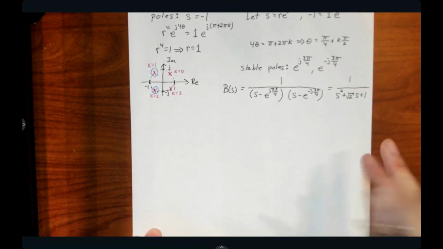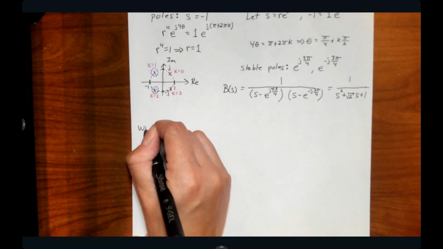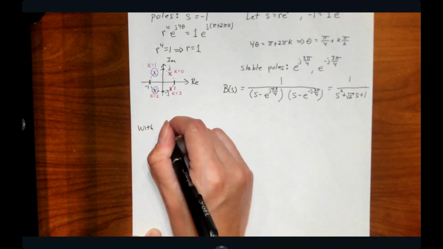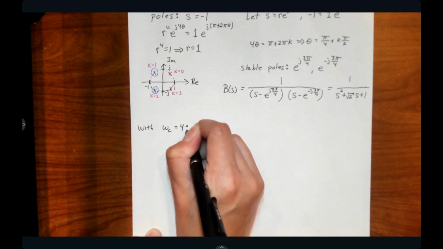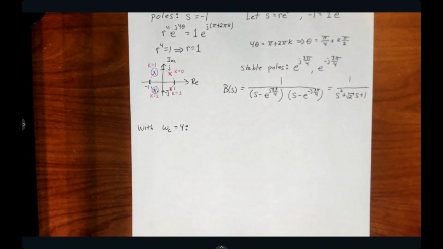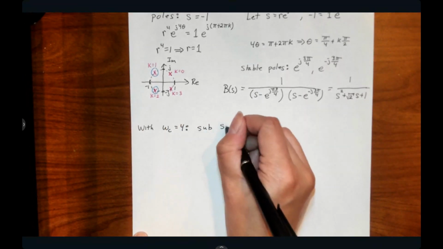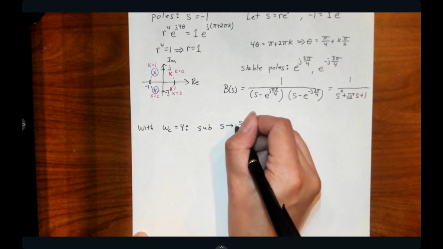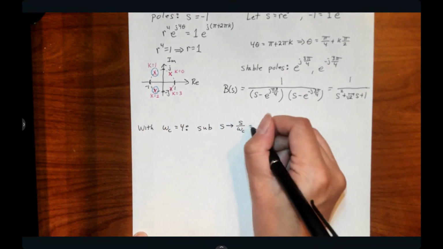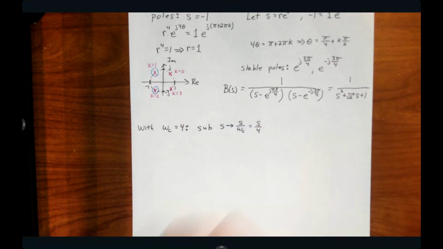Right, so once I had this form, then I can do additional things, right? So let's say I wanted instead a low pass filter, but with a different cutoff frequency. Well, what I'm going to do is I'm going to substitute in for s over omega c, s over 4 in this case.